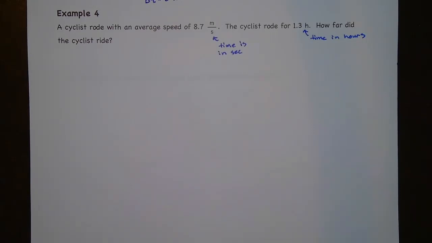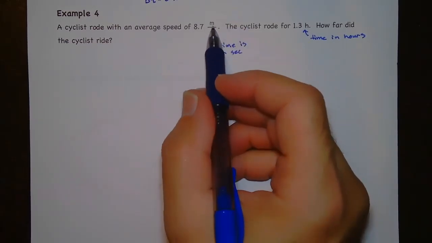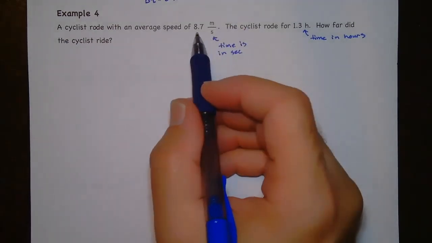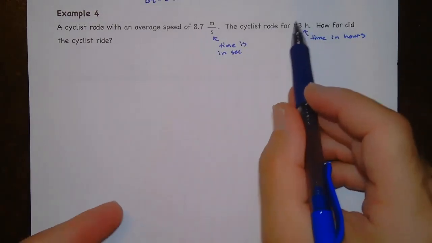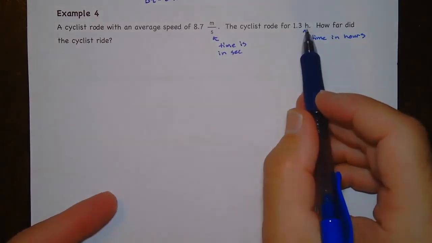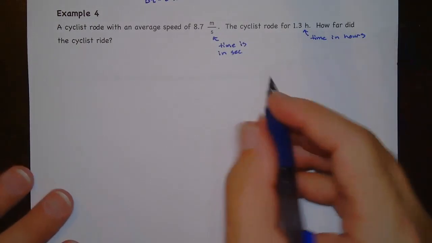The units have to match. Okay, so what I have to do is convert the hours. I think this would be the easiest. Convert the hours to seconds. Now, you could also convert the 8.7 to meters per hour. Okay, but that's going to get you a really small number here. Okay, so what I would do instead is switch this and turn this into seconds. Okay, so we got to do a little dimensional analysis.